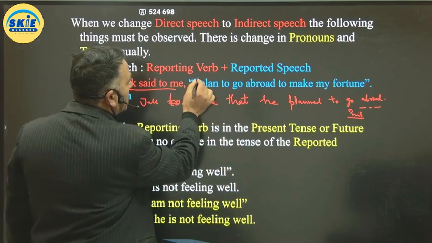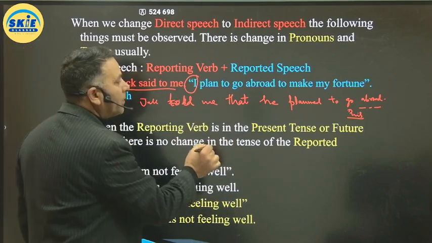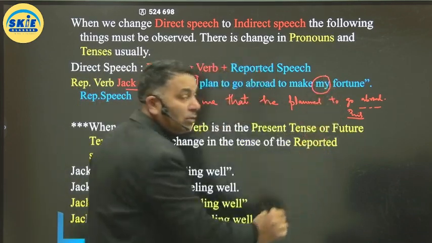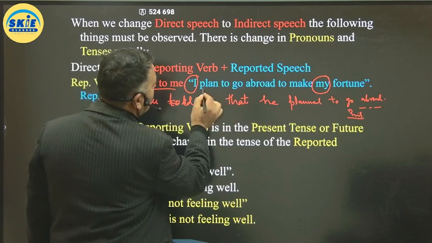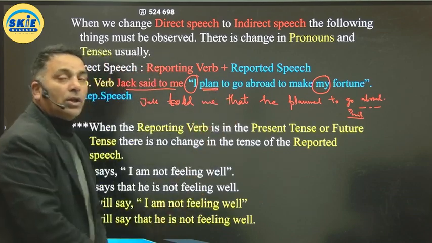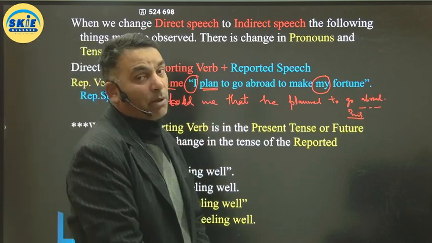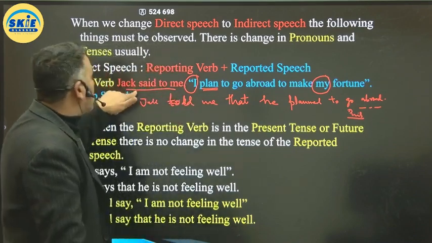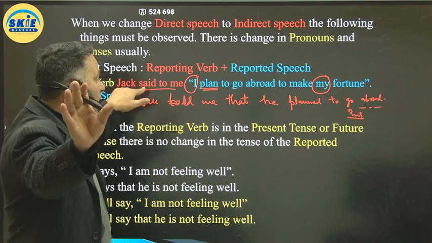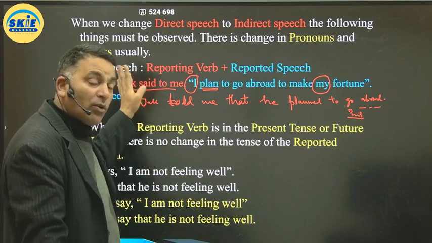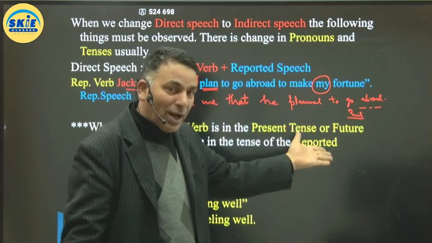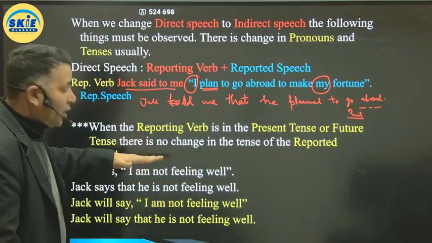One, this I is changed as a pronoun, my is changed as a pronoun, and then the verb, the finite verb, the main verb underwent change. Why did it undergo change? Because the reporting verb is in past, and we'll talk about what that means. That's why the verb plans changed to planned.